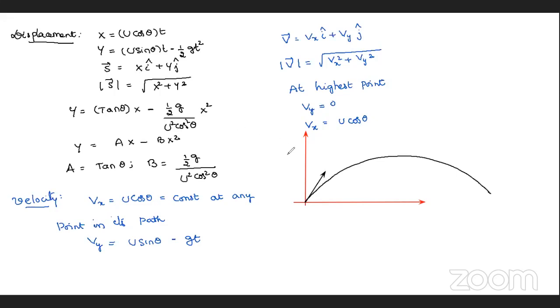After a certain time, yesterday we found the velocity here. At that point we took the two directions also. This is Vx along the x-axis, and this is Vy. Already I wrote both the values, Vx and Vy.